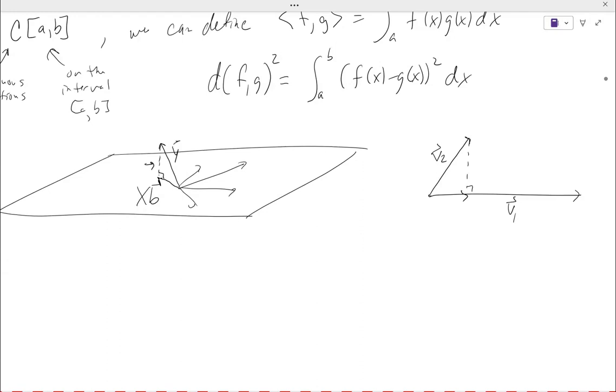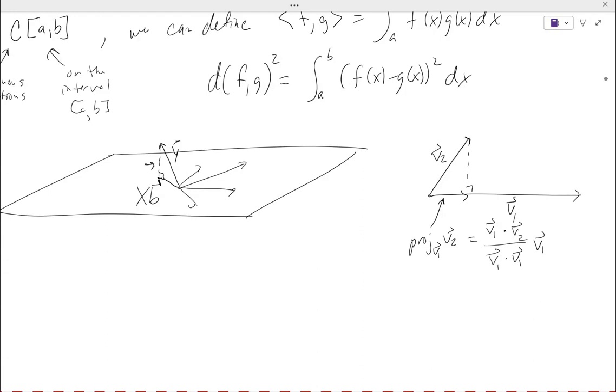This would be your projection of V2 onto V1. That would be the vector that we're looking for, right? The way we can do this, and I'm not going to go through all the work because some of you have seen the work, and if you haven't, you'll see it eventually either in Calc 3 or linear algebra. One of the two, or both.